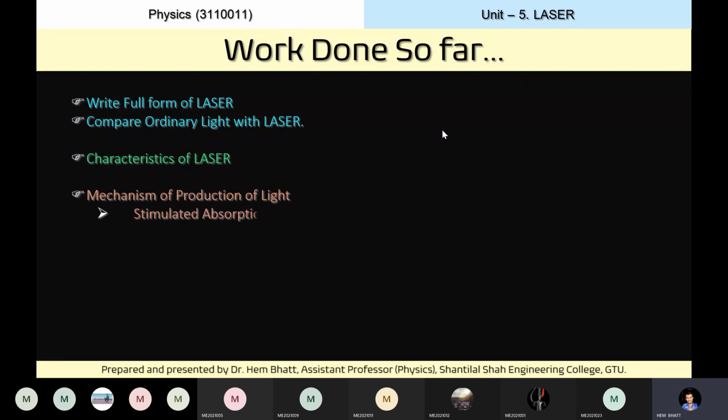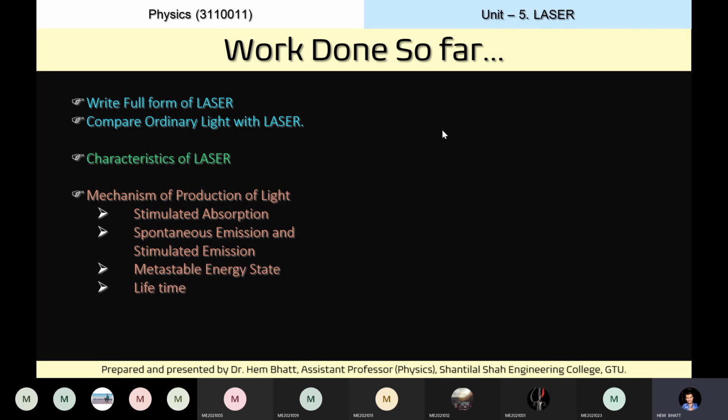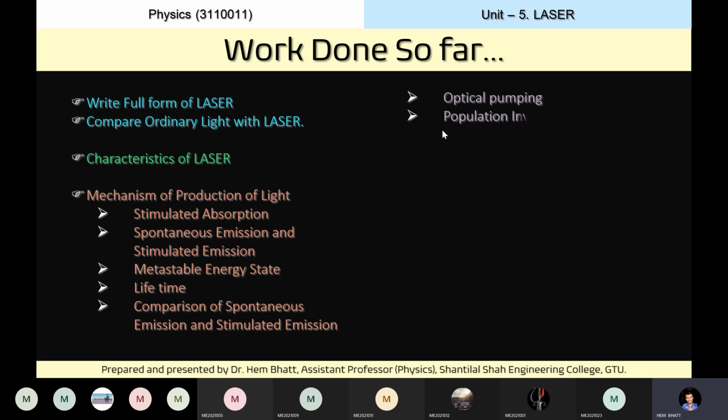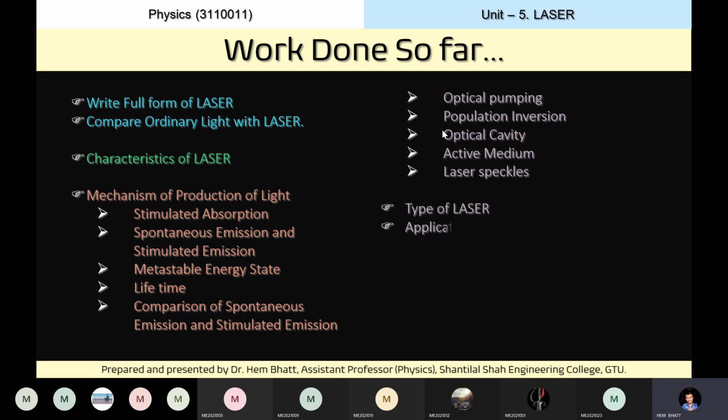To understand that and to understand laser itself, we should know what is stimulated absorption, spontaneous and stimulated emission, metastable energy state, lifetime, comparison of spontaneous and stimulated emission, optical pumping, population inversion, optical cavity, active medium, laser speckles. And then the next topics are types of laser, applications of laser. This is what we have done so far.